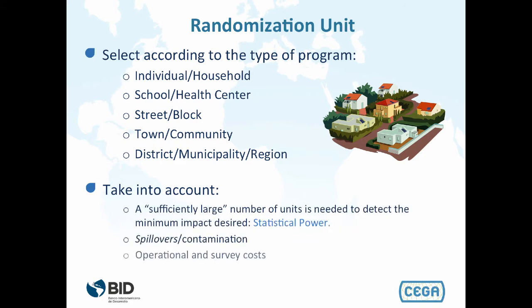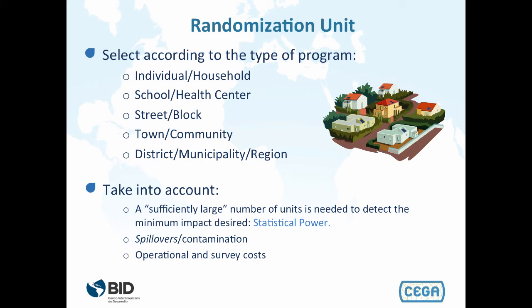Well, we're going to talk about this concept later, but we need a sufficiently large number of units in order to detect the minimum impact. We're going to call that statistical power. And the larger the aggregate unit of randomization, the less statistical power, the more of those units we're going to need. The easiest is at the individual or household level.